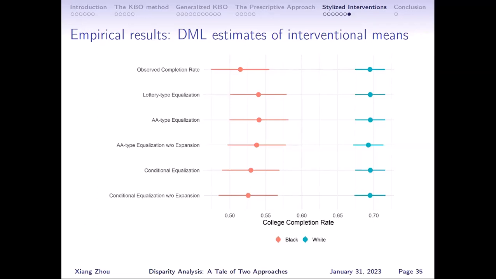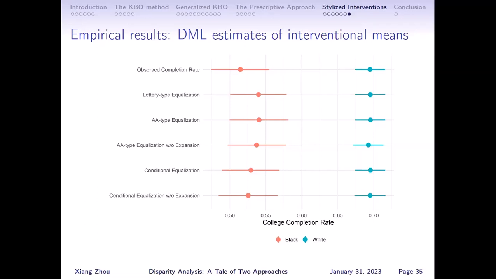This is mechanically true for those interventions that don't intervene for white students. But even for apparently zero-sum interventions like affirmative action type equalization without expansion and conditional equalization without expansion, we only see a tiny drop in completion rates among white students, whereas we see a more substantial increase in completion rates among Black students.